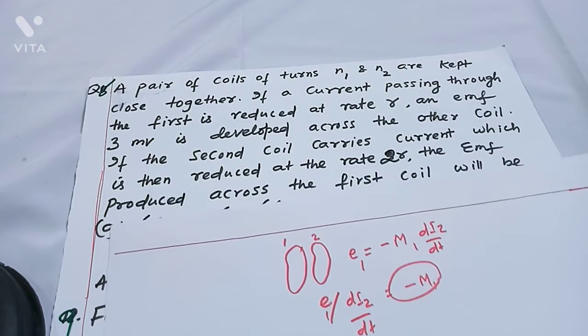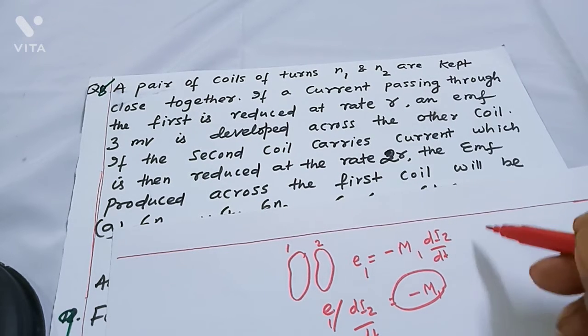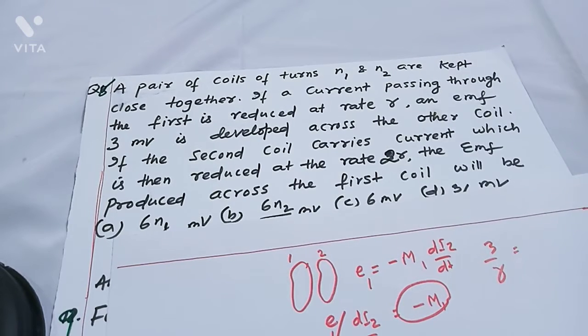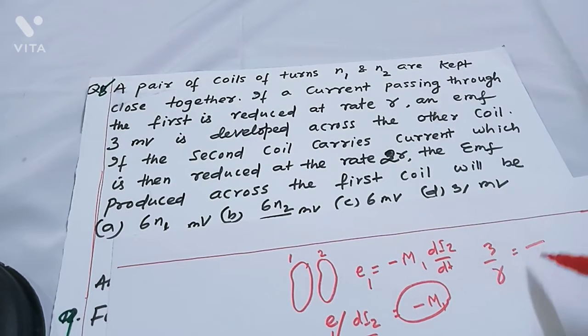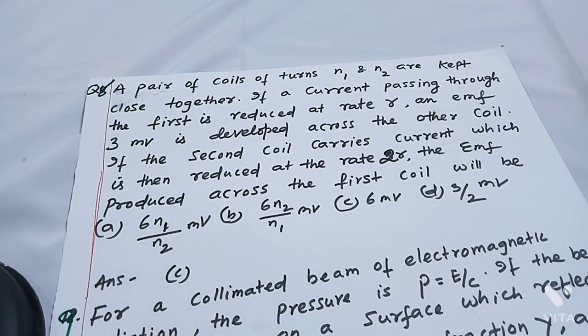Now, in our question, if R is the rate of reduction of current, then EMF induced is 3. So 3 by R equal to, in the second part, the rate of change of current is made twice, so if X is the EMF induced, then X equal to 6. Simply, the answer is 6 millivolt.